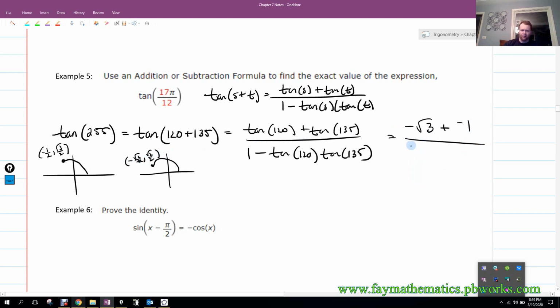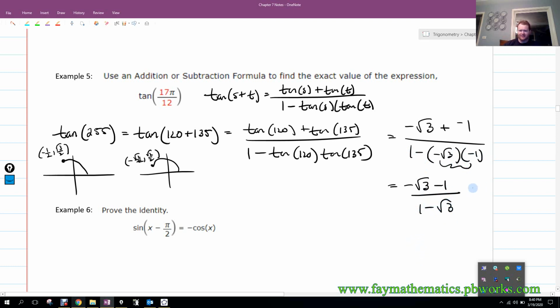So then on the bottom, I'm going to have 1 minus negative root 3 times the tangent of 135, which was negative 1. So now I get negative root 3 minus 1 up top, and that product there is radical 3, so we got 1 minus radical 3 there.